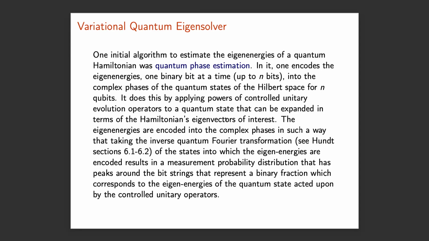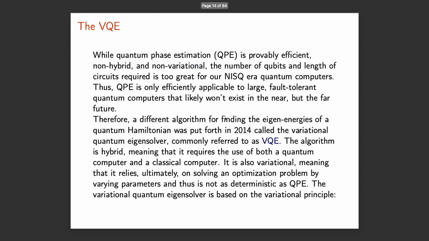And there's a main reason why that algorithm is not used. The algorithm has some properties which are not desired in this era where we typically have noisy intermediate scale quantum computers. It's a non-hybrid algorithm, but it can also be non-variational. And the length of the circuits where you run the calculations can be pretty long.